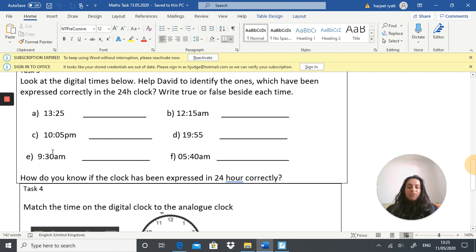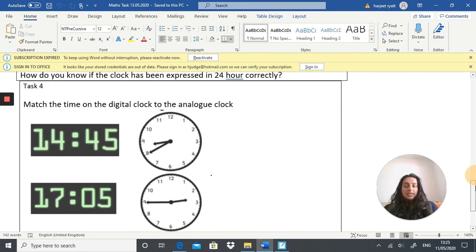So you need to go through these times and write true or false, depending. If it is in the 24-hour clock, you write down true. If it's in the 12-hour clock format, you write down false. And you write down, how do you know if the clock has been expressed correctly in the 24-hour version? You need to write down a rule that helps you identify the 24-hour times.